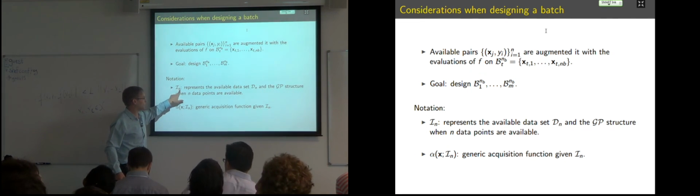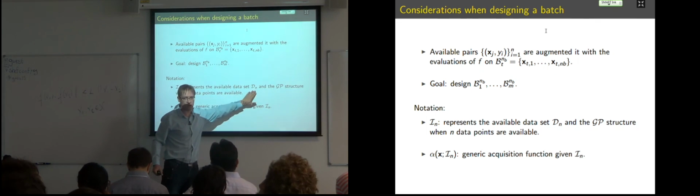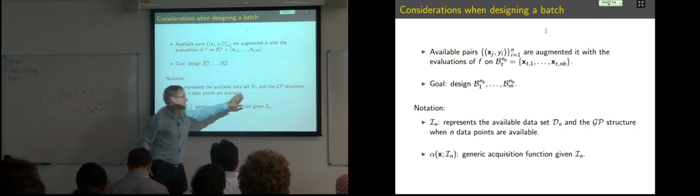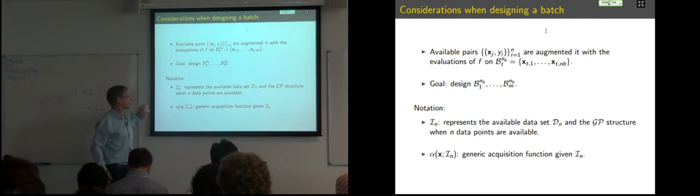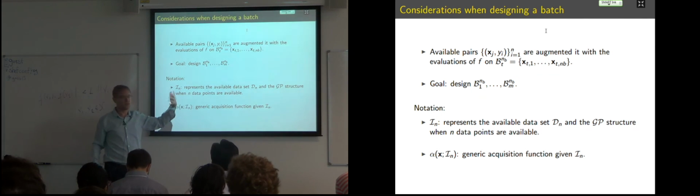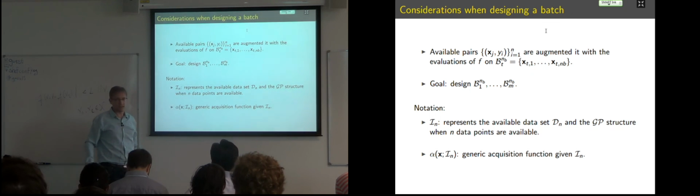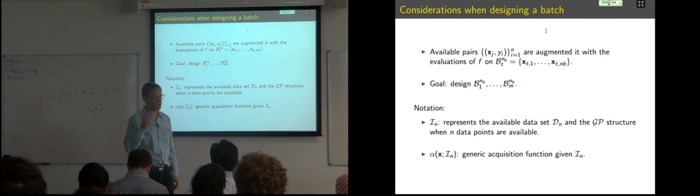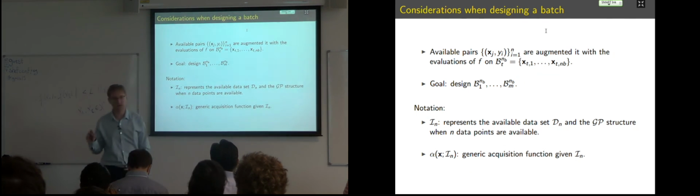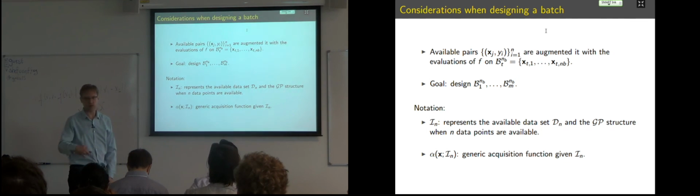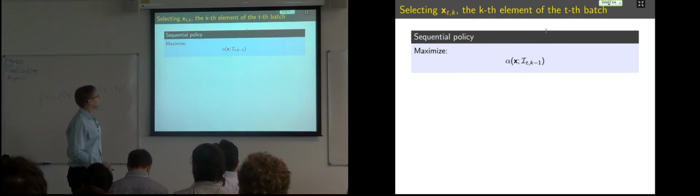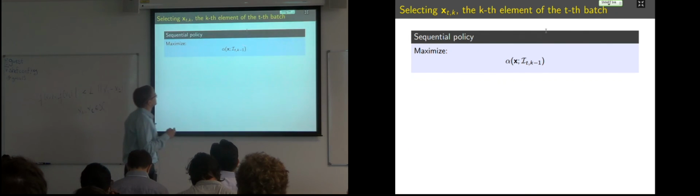So Y_n represents the available information when we have n data points, which means the GP structure, the parameters of the GP, and the dataset itself. And alpha(x) represents any acquisition function, right? So the idea was to develop a method that could be used with your favorite acquisition function. This is a bit tricky with the notation.